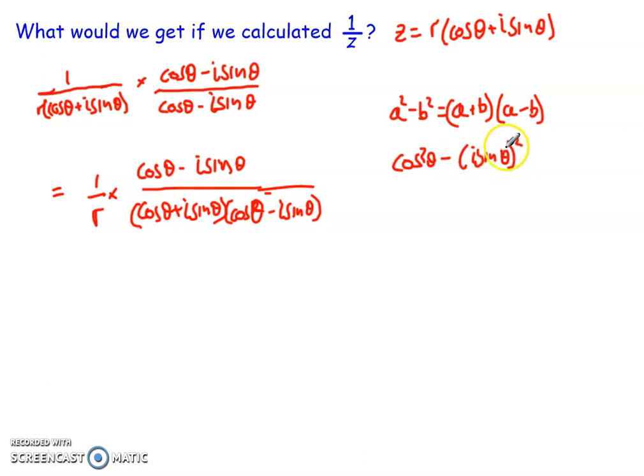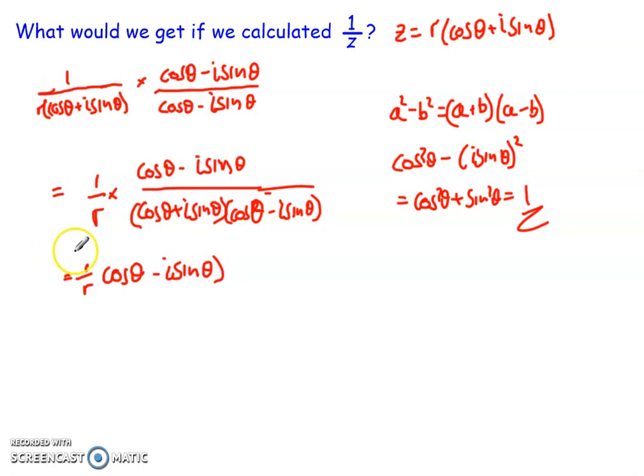So the sine theta squared would just become sine squared theta. The i squared would become minus 1. So I'd get cos squared theta plus sine squared theta, which everybody in their right mind should know is equal to 1. So the whole bottom of this fraction disappears. And what I then end up with is 1 over r, cos theta minus i sine theta. So that's what happens if I calculate 1 over z.